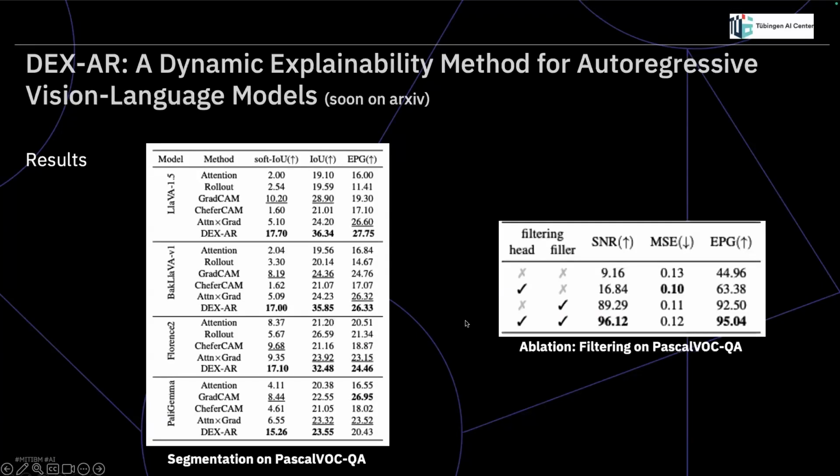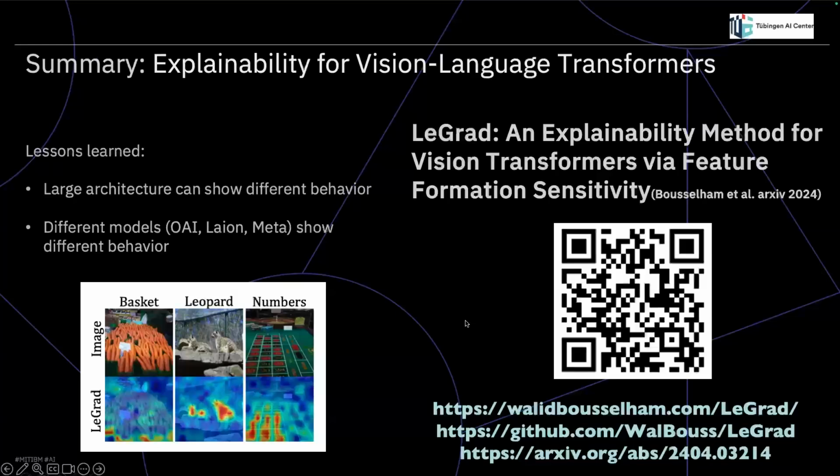Okay, so that was a very short excursus towards the explainability part. The reason why we took this small detour was first to give you an understanding that large architectures, especially large vision architectures, do not necessarily behave the same.